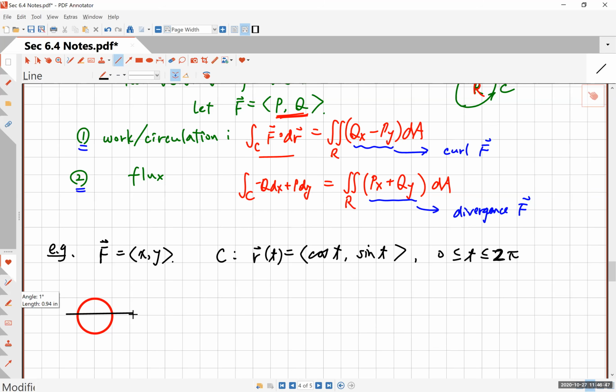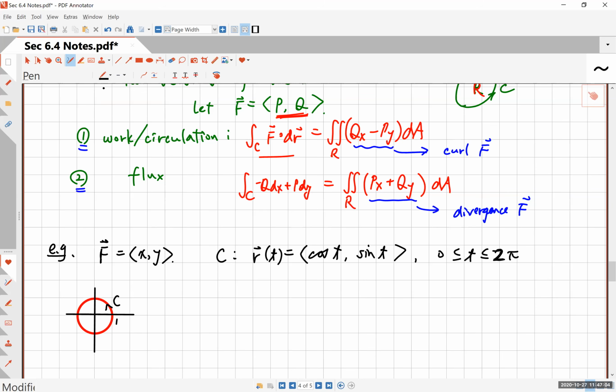So this is what we have. The curve is C, the unit circle, and the vector field <x, y> is the given vector field.